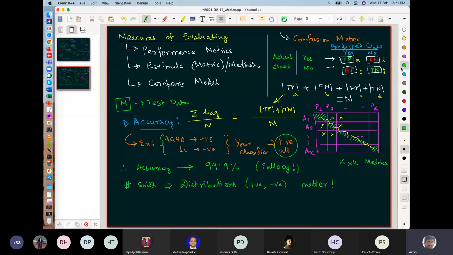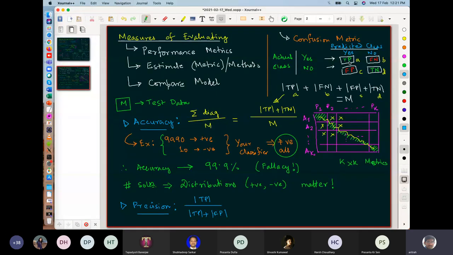Then people along the line also thought about something called precision. Some of the project groups have already used it, unknowingly or maybe knowingly. So precision is nothing but the number of true positives divided by the number of true positives plus false positives. As the name precision says, with respect to my prediction of a particular class, how precise am I?